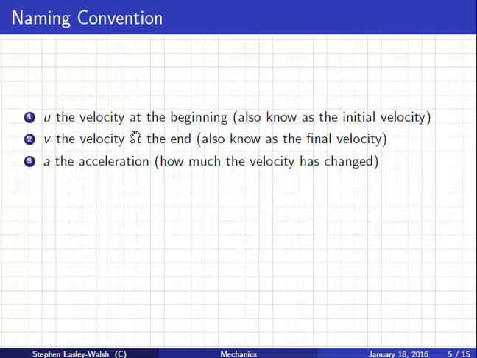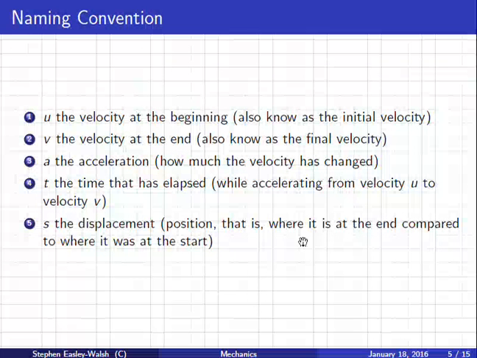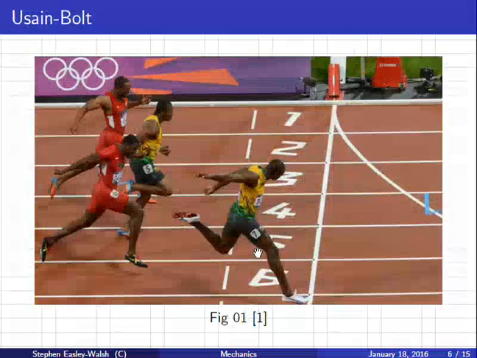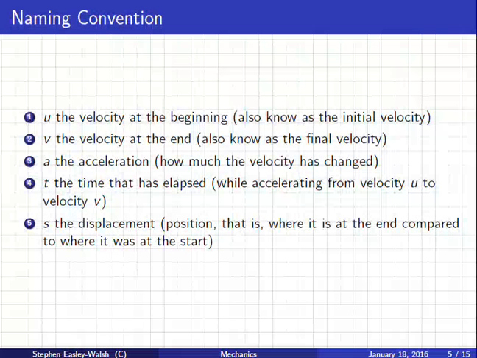Okay, you got this, guys? Not yet? Okay, so just to be clear, for example, like here, if he starts at 0 meters per second and then he starts to run, and now he's moving, let's say, at 10 meters per second, and it took him 1 second to do this.